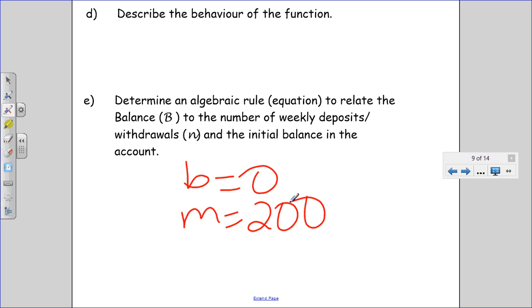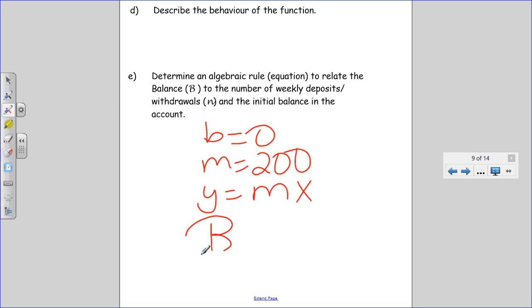So we know that we can come up with an equation in the form y equals mx to represent the bank balance, except we wanted a variable for the bank balance that made sense. So we can use B, and M we said was 200, and the number of deposits or weeks would be N.